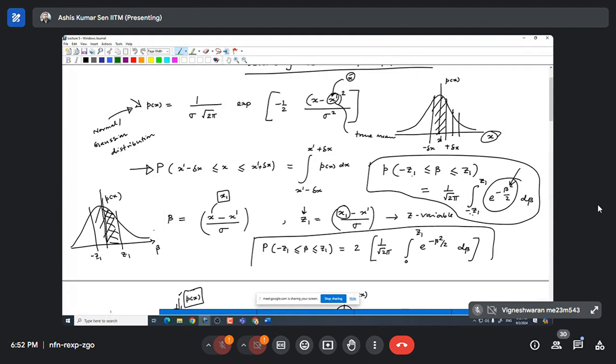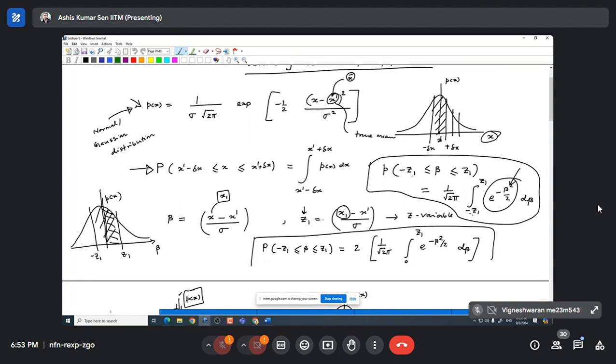Right, sir. Now, if I change the variable from x to beta, I am saying that when x equals x prime, your beta equals 0, right? So beta equal to 0 is here. And when x equals x prime plus delta x, your beta will become Z1, so it is basically delta x divided by sigma.